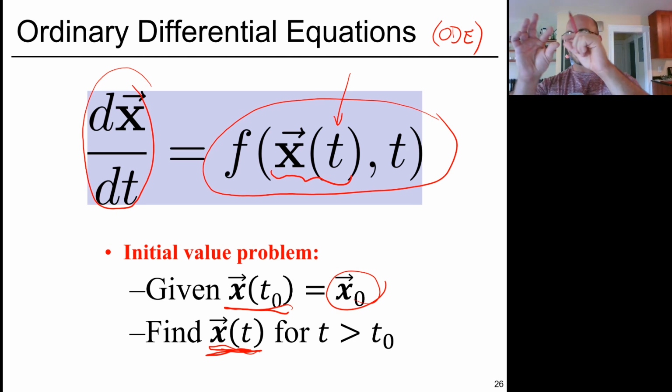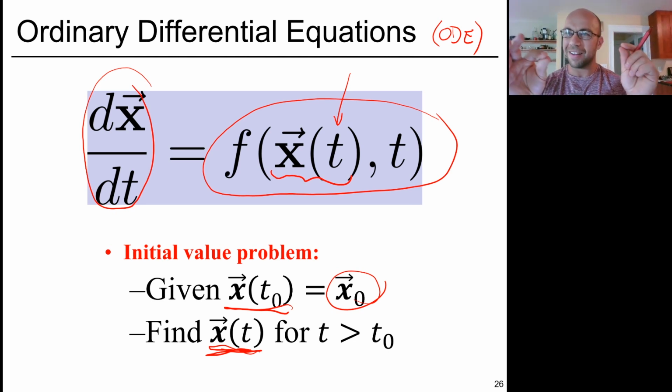Maybe I have a system like a spring, like two particles connected together by a spring. I'm given their position and velocities at time 0. And now my goal in my simulation is to simulate those springs wiggling as a function of time. So this is the world of ordinary differential equations in a very small nutshell.